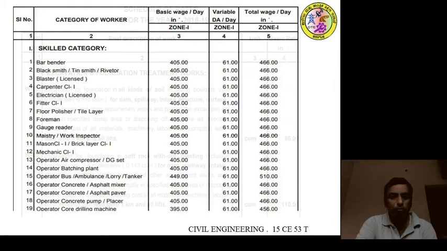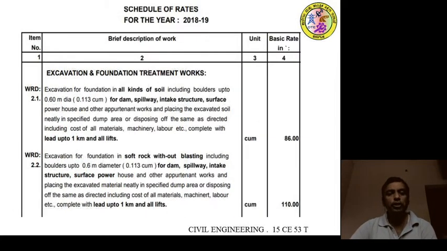Next, the schedule of rate books also mention the item of work, serial number, brief description of the work, unit of the work, and also the basic rate of the work. In the first work, it shows WRD 2.1. That means Water Resource Department. Item number is 2.1.